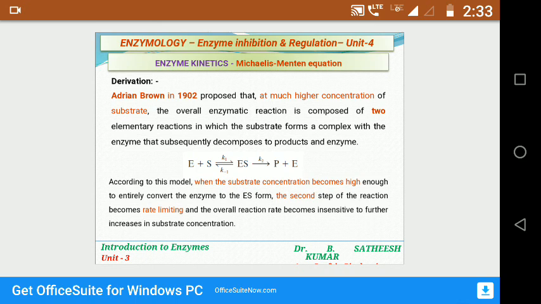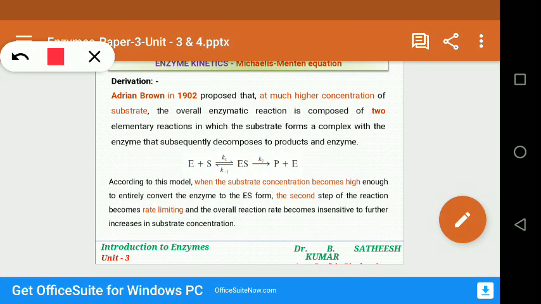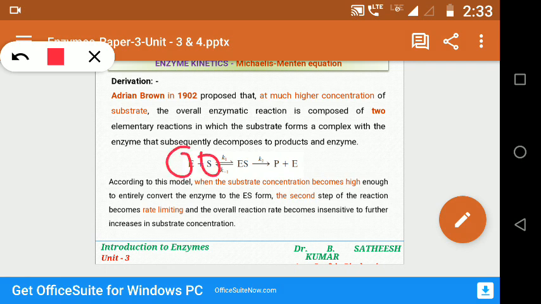He proposed that at much higher concentration of substrate, that means excess amount of substrate concentration, two elementary reactions take place. First part is E plus S gives rise to ES. This is one reaction, and then ES is converted to product and enzyme. That is another stage of the reaction.